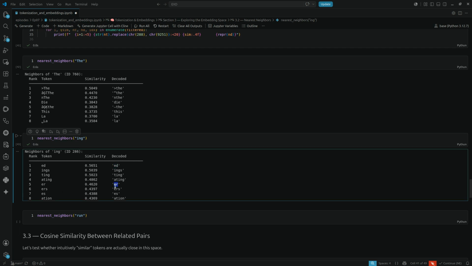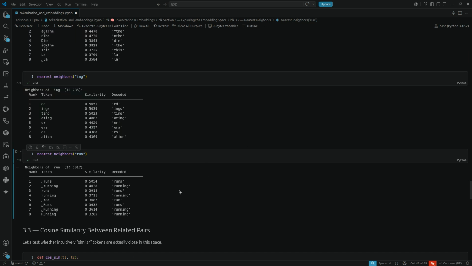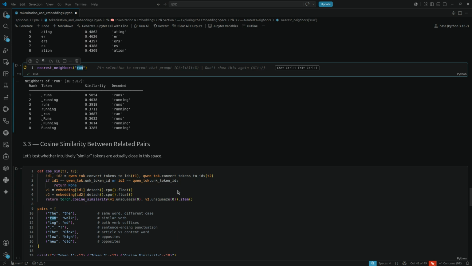So fixer, fixed, fixers, fixes, fixation, fixating. This is incredible. There's actual similarity here. And as expected, the word "run" is closely related to runs, running, ran, etc. This is, I think, pretty neat.